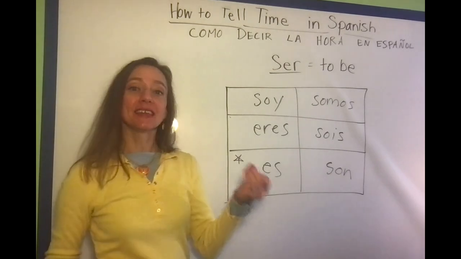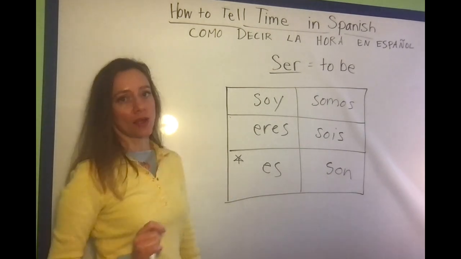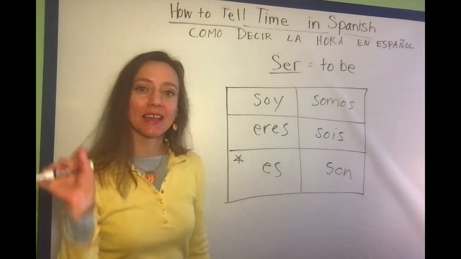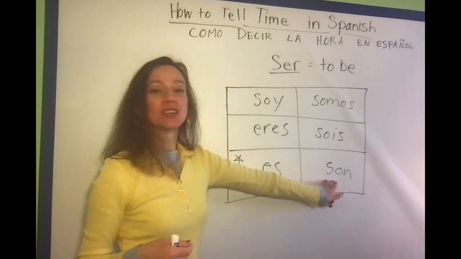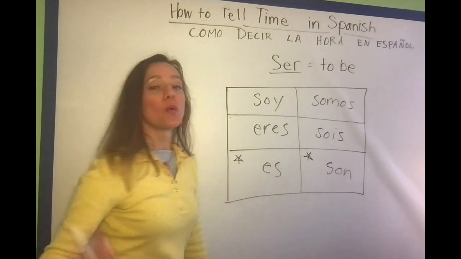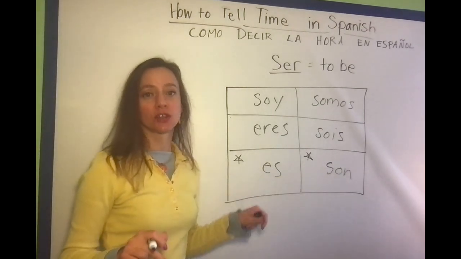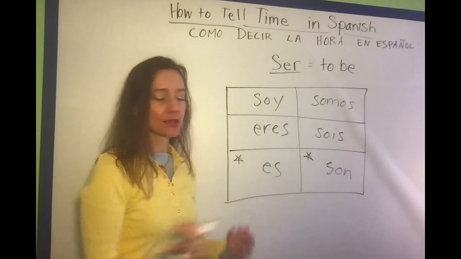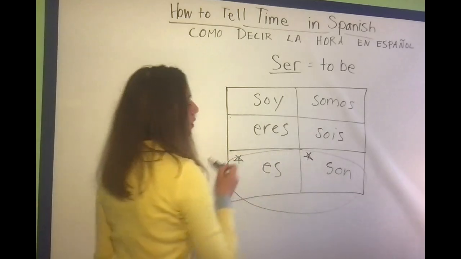So if we want to say he is, she is, it is, right there. If we want to say they are, ellos son, we use son. When we are telling time, these are the two verbs you're going to use to say what time it is. You are always going to say either es or son.